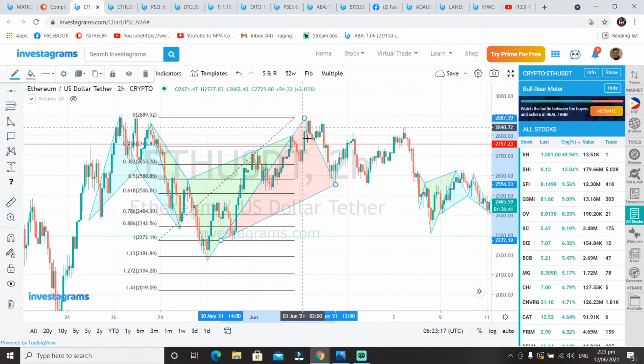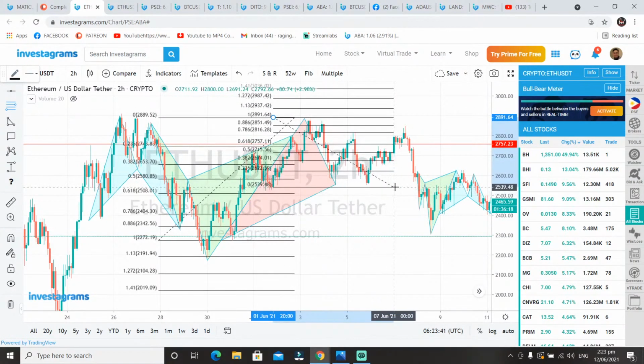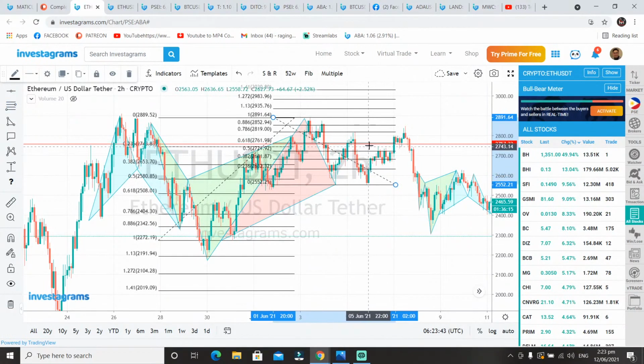So X, A, B, then C. C is usually right if it touches 38% but not more than 78%. Let's check. Did it touch 78%? Almost, or yes. Since it already touched it, this is invalid, so we will not be using this any longer.